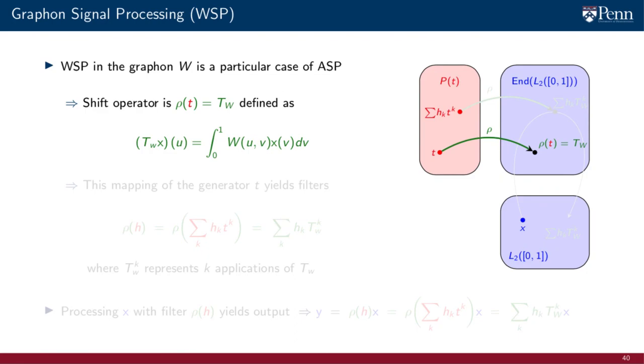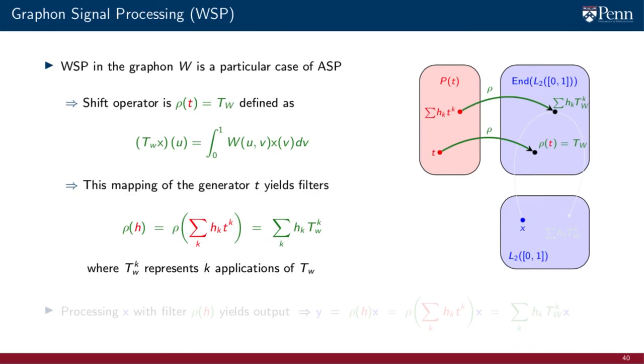In the case of Graphon signal processing, we map the generator of the polynomial algebra to the operator T sub W. This is the integral operator that applies the Graphon W of u, v to the Graphon signal X of v.